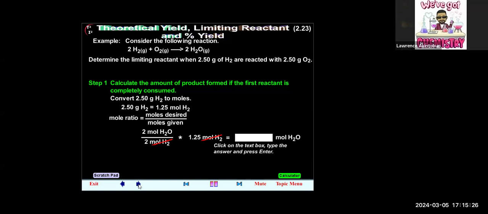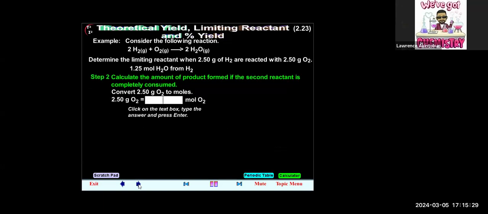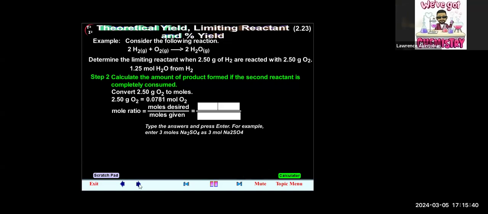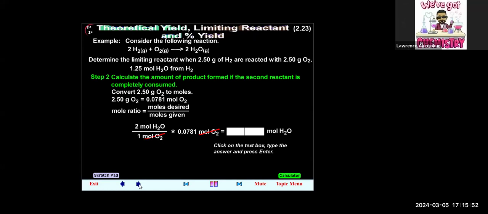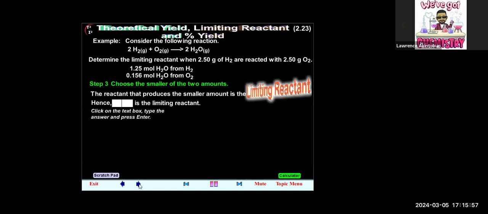And that gives you moles of water. For the second reactant, which is oxygen, the same process applies. So the limiting reactant is O2.